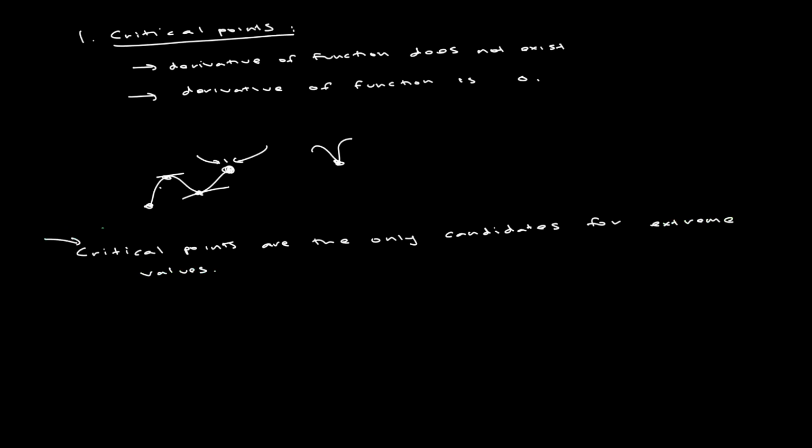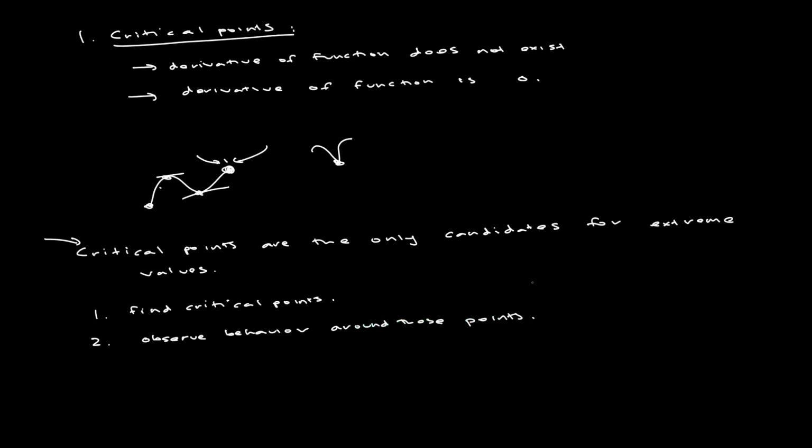Now we've just come up with a structured way to find extreme values, which is find critical points. And then once we found the critical points, observe behavior around those points.